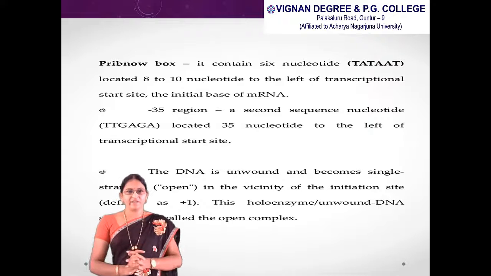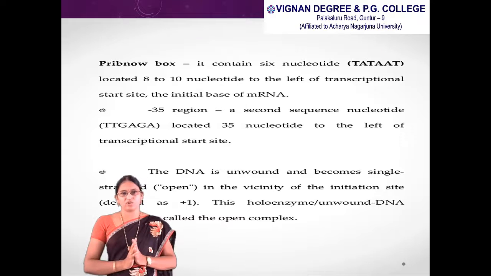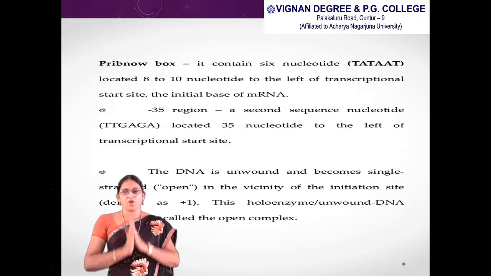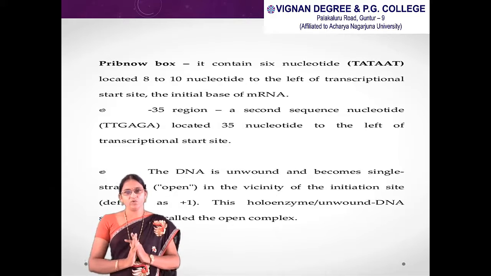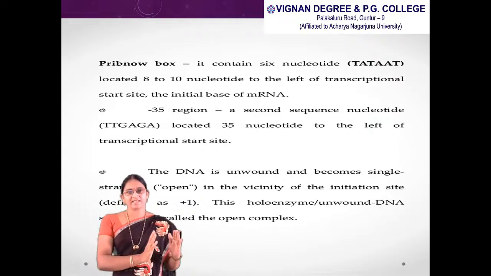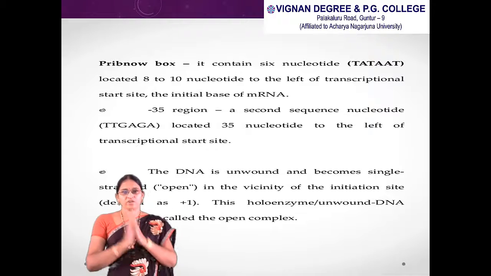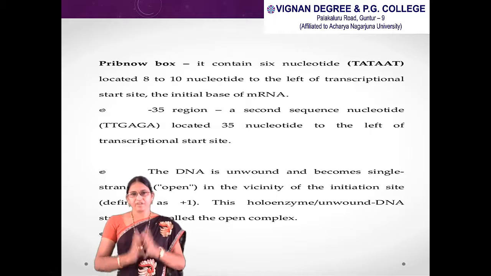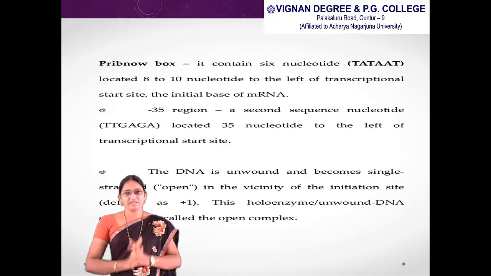And the -35 region is the second sequence, containing the TTGACA repeated sequence, located 35 nucleotides to the left of the transcriptional start site. That is the -35 region. The DNA is unwound and becomes single stranded.